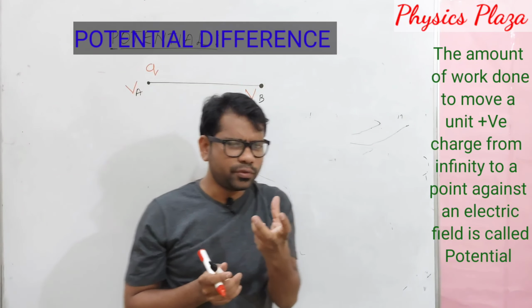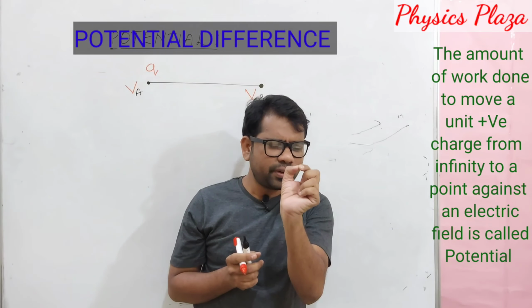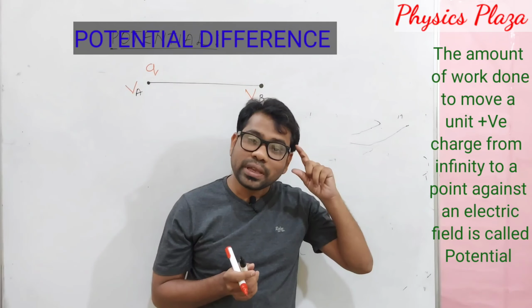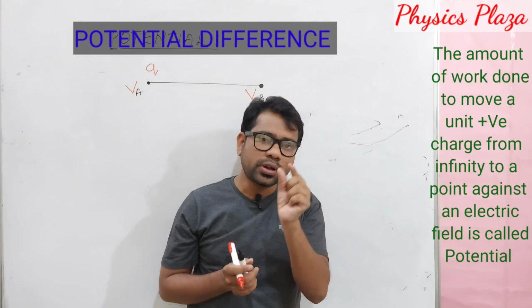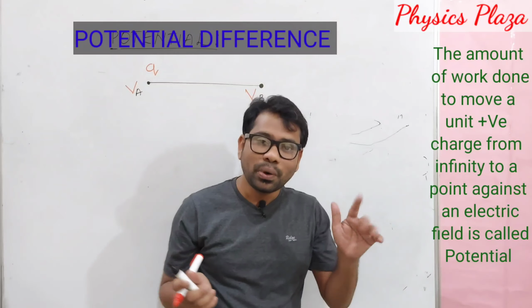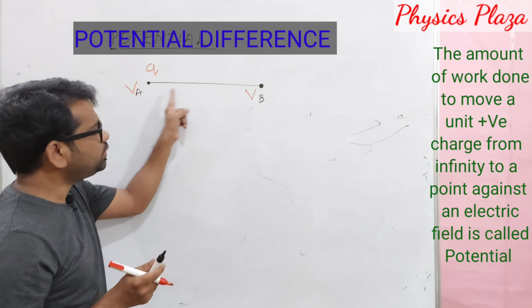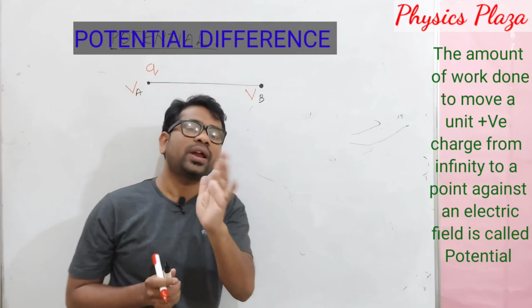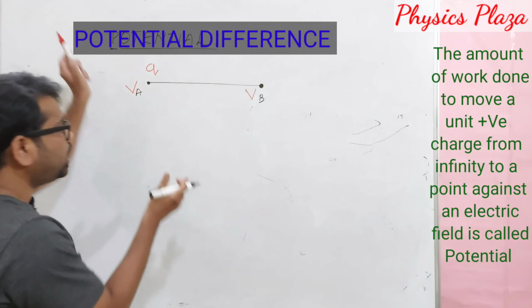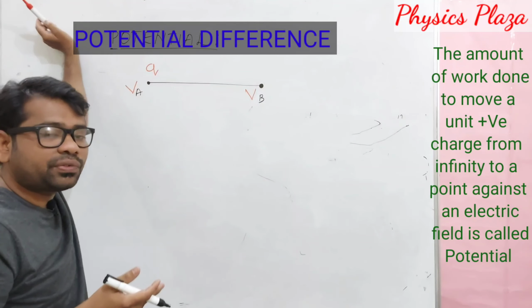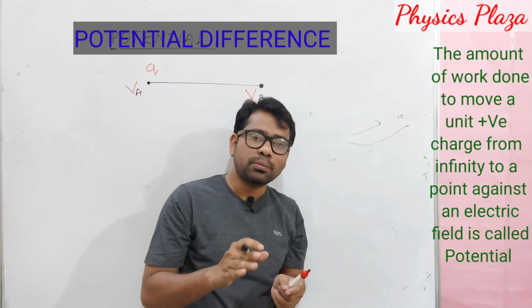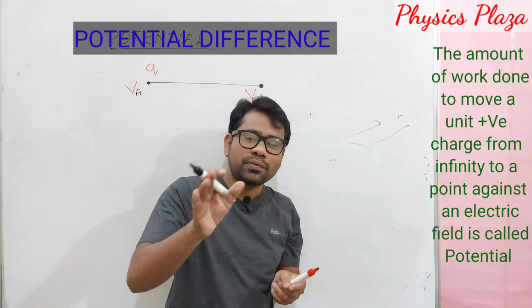Children, getting confused? There is a very slight difference. In order to define the potential, we consider the unit positive charge at infinity, meaning the distance is undefined. But here, the distance between these two points is defined. It's very important. So how do we define electric potential difference? The amount of work done to move a charge from one point to another point within the circuit.